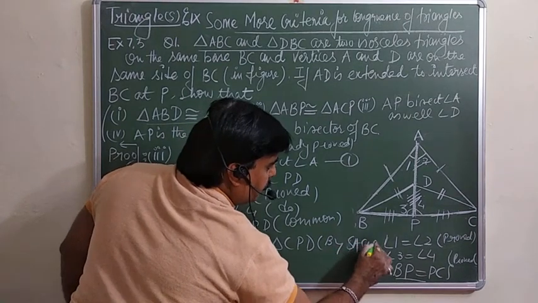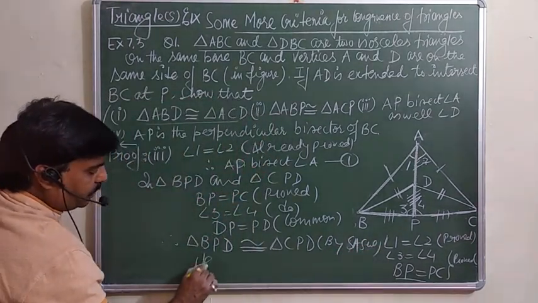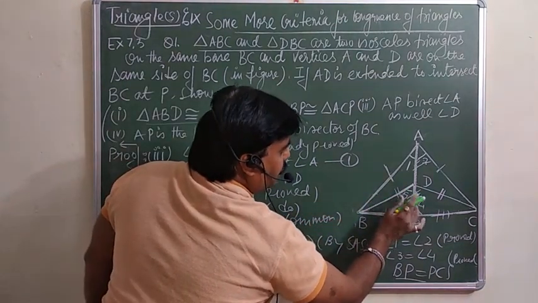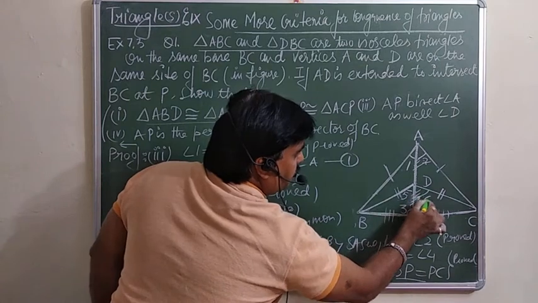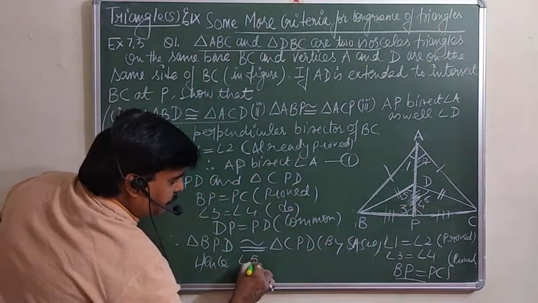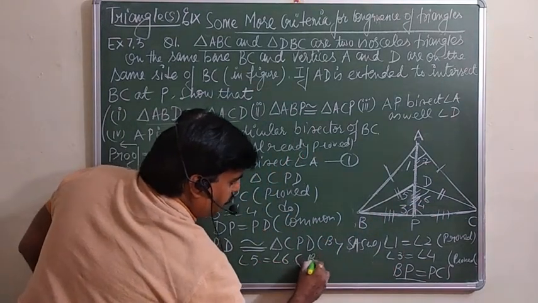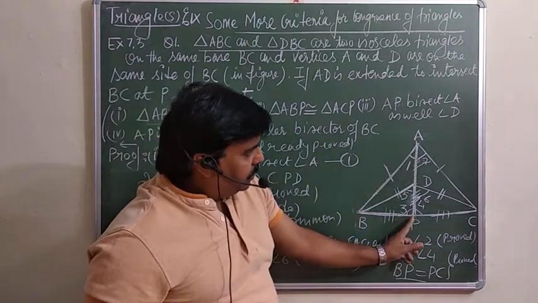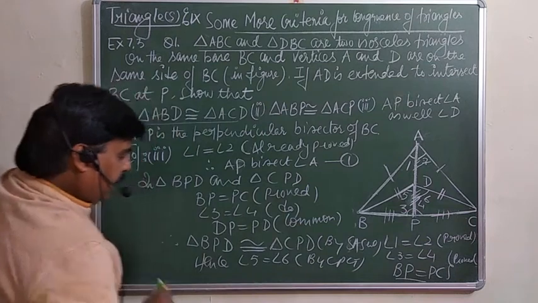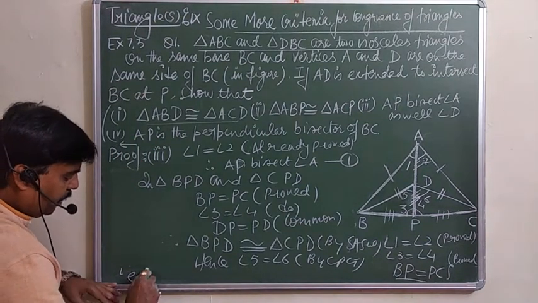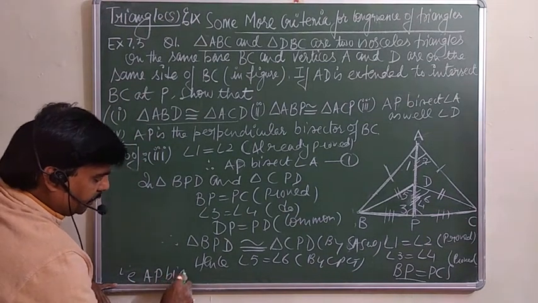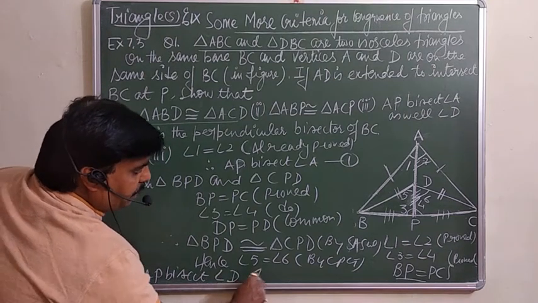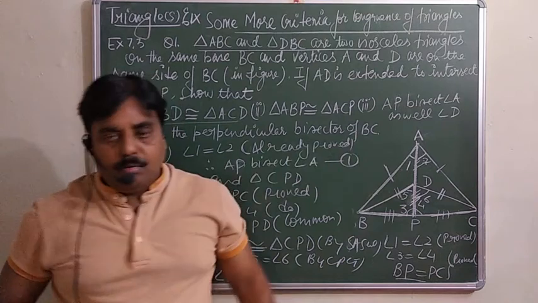And once they are congruent, then you can say hence this angle 5 will be equal to angle 6 by CPCT. It means AP is the side which is also bisecting angle D. That is, AP bisects angle D. That is what you wanted to prove here. Have a look.